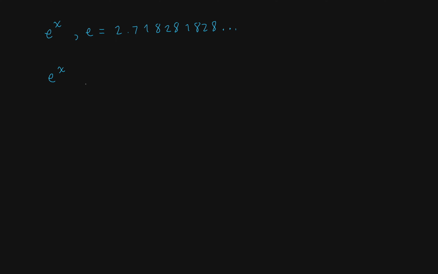If we take a look at its Maclaurin series, that's the Taylor series centered at 0, this is going to be the sum from n equals 0 to infinity of x to the n over n factorial.